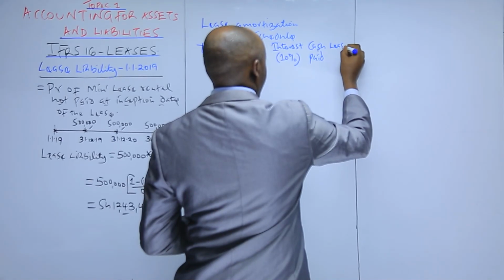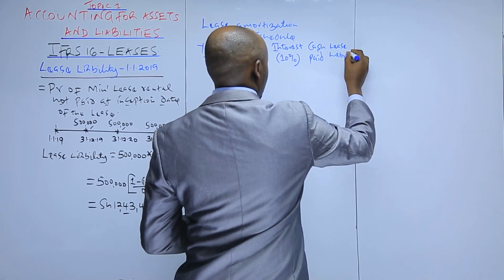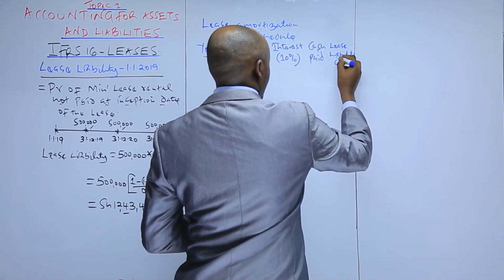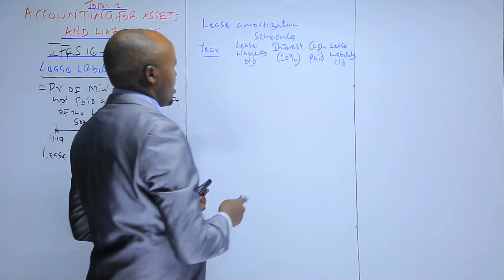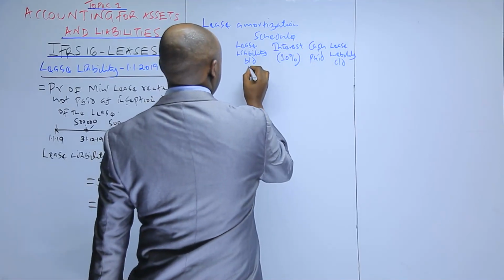And finally we have the lease liability at the end of the year. So that's how we prepare our amortization schedule.